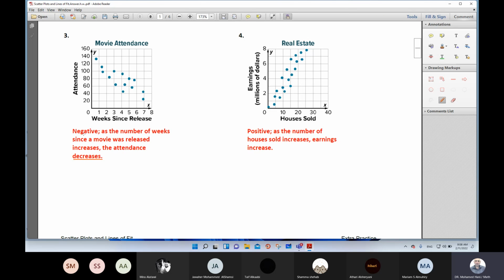So means we have negative. In this example here, as you see, increase in the x-axis and increase in the y-axis. So means we have positive. So as the number of houses sold increases, earnings increase. So we have positive.